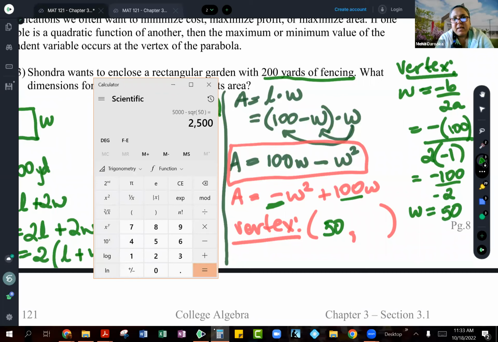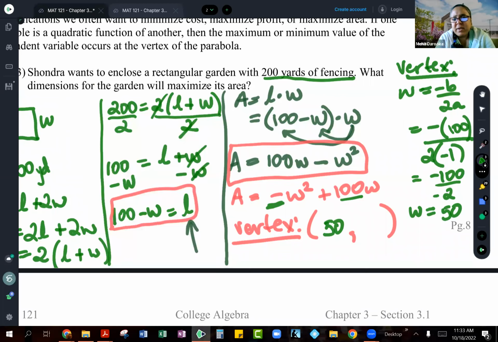And you can see that's going to come out to be 2,500. So remember, this is the w value, this is the area. So our maximum area that we can come up with will be 2,500, right?